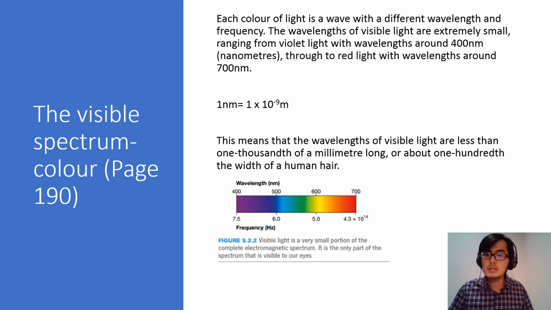The wavelengths of visible light are extremely small, ranging from violet light with wavelength around 400 nanometers through to red light with wavelength around 700 nanometers. And a nanometer itself is very small. 1 nanometer is 1 times 10 to the power of minus 9 meter, which means that the wavelength is extremely small in that sense. It says that the wavelengths of visible light are less than 1,000th of a millimeter long and about 100 times thinner than the width of a human hair.